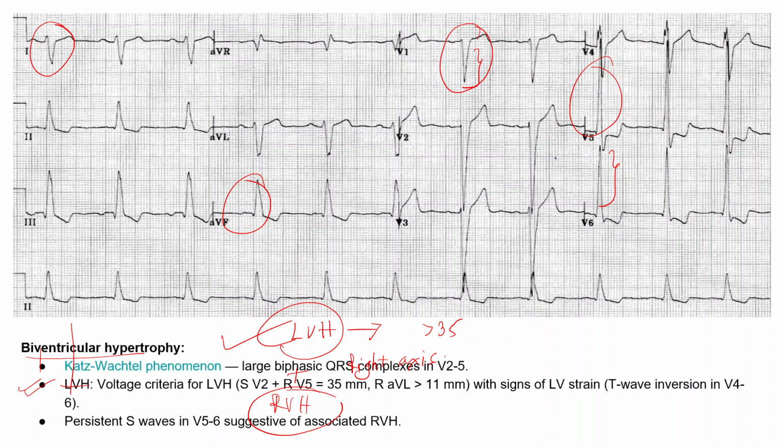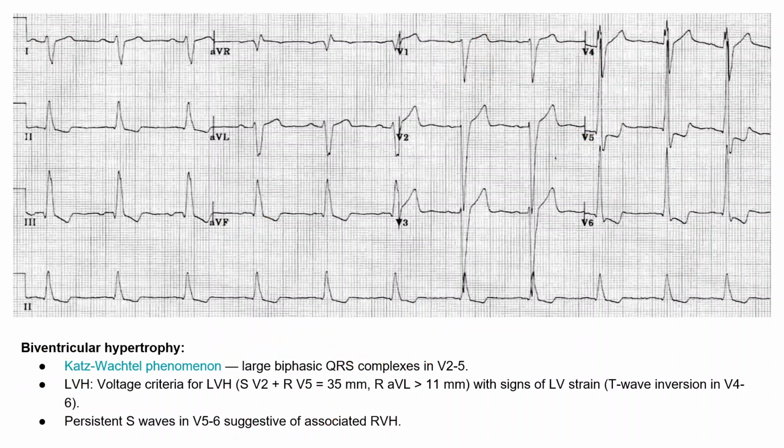Okay, there is one more phenomenon that we have to remember in case of biventricular hypertrophy, the Katz-Wachtel phenomenon. That is large biphasic QRS complexes in V2 to V5. Okay, the ECG I have not shown here, but you have to remember this is also a finding that you may get in patients with biventricular hypertrophy.